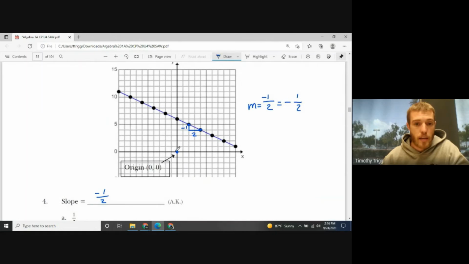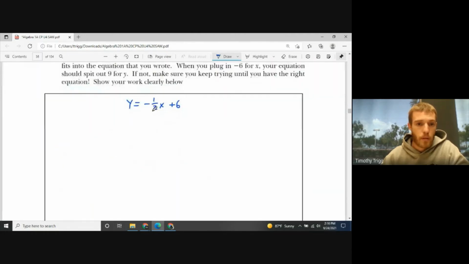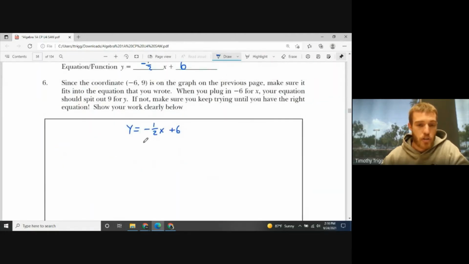You can see that's negative 6, 1, 2, 3, 4, 5, 6, 9. This is a point on the graph. So if this is the correct equation, then this point should produce an accurate statement. So here I'm going to replace the y with 9, and I'm going to replace the x with negative 6.